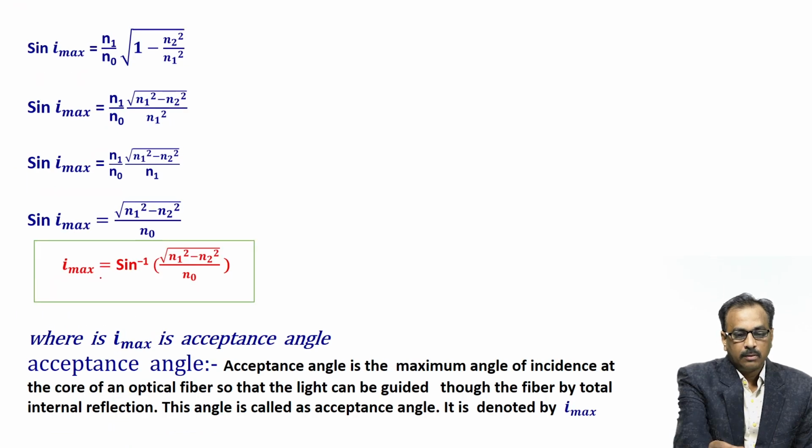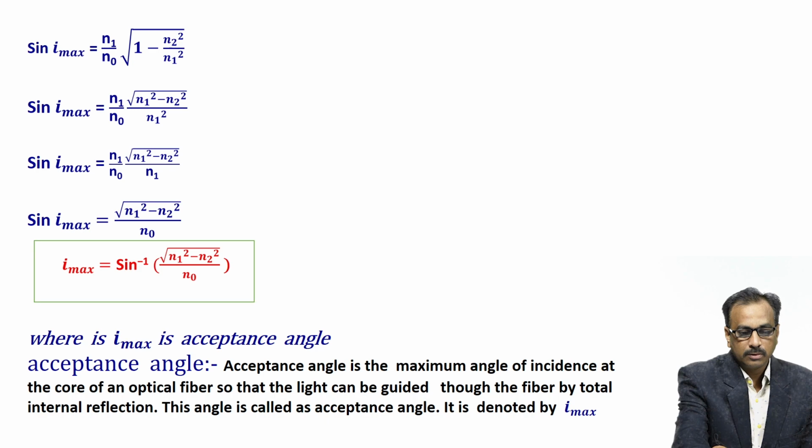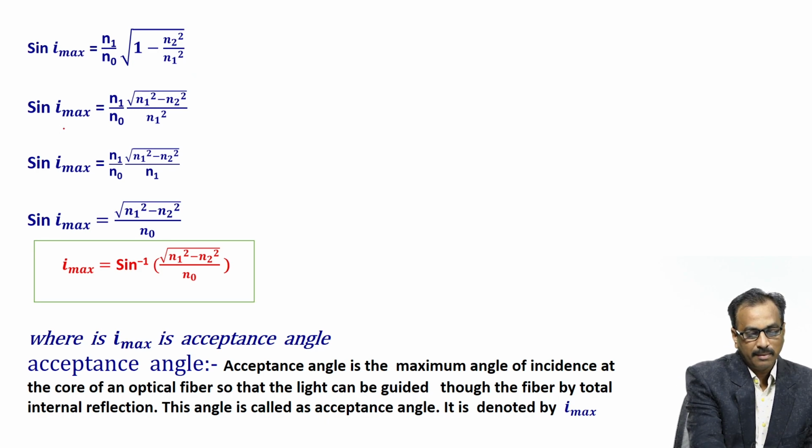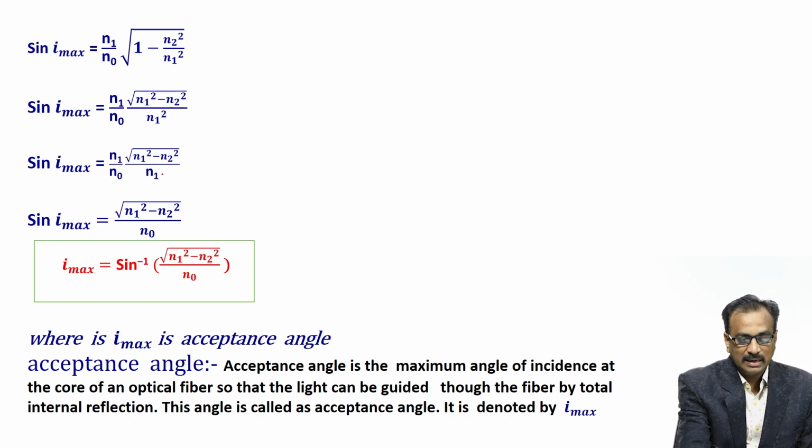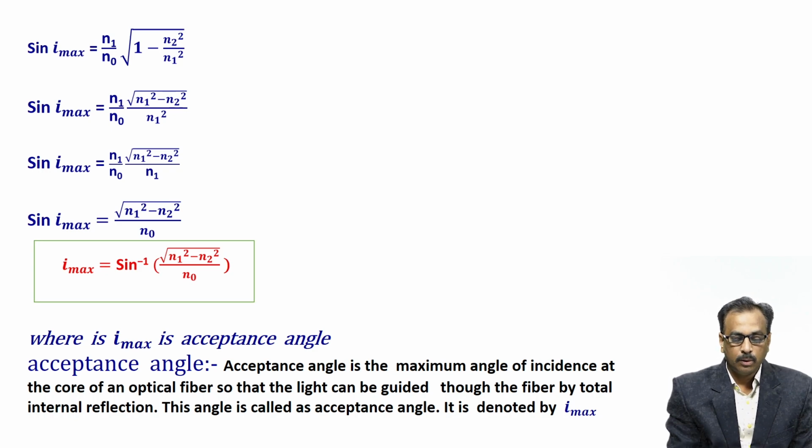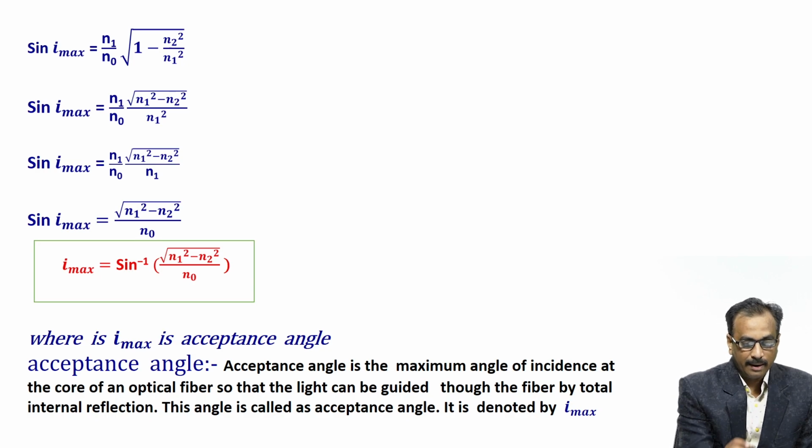Substituting, sin square theta c is n2 square by n1 square. Now you can write sin i maximum equals n1 by n0 root over n1 square minus n2 square by n1 square. Now n1 will cancel, and finally sin i maximum equals root over n1 square minus n2 square by n0.